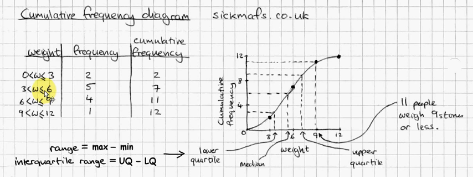Which means when you're doing a cumulative frequency, you suddenly add loads of people in the middle groups. You start off with hardly adding anybody from the 0 to the first category, and then suddenly you start adding loads of people, which means the cumulative frequency diagram goes up really quickly.